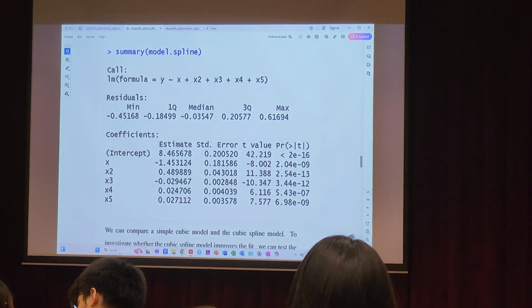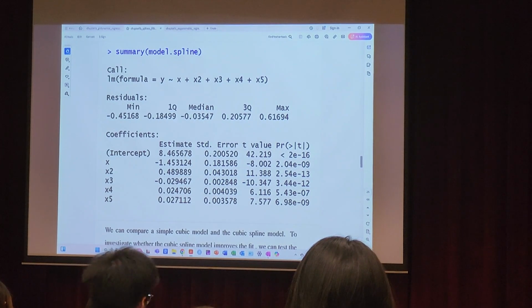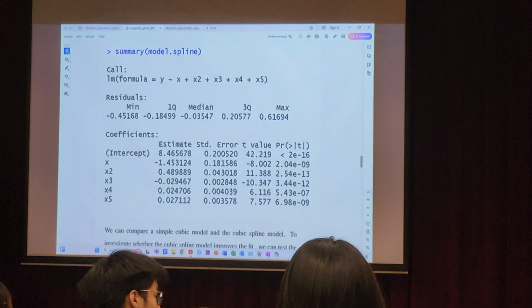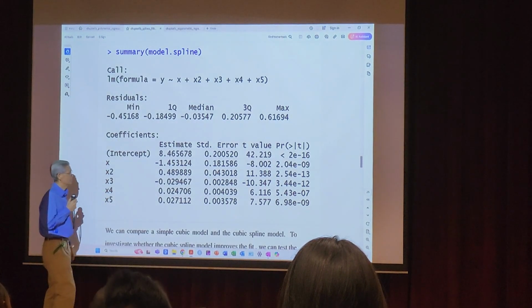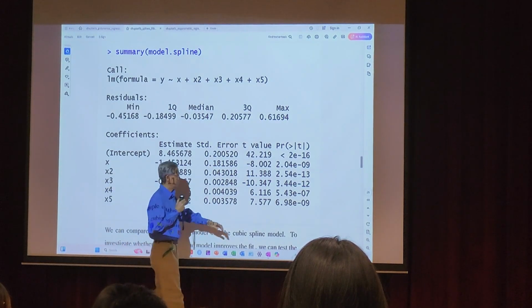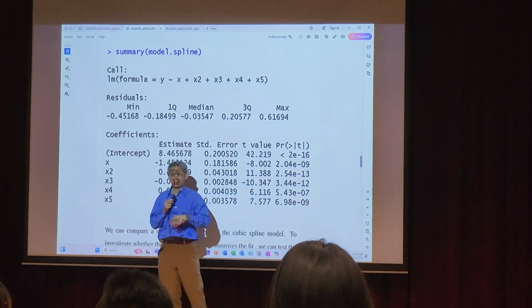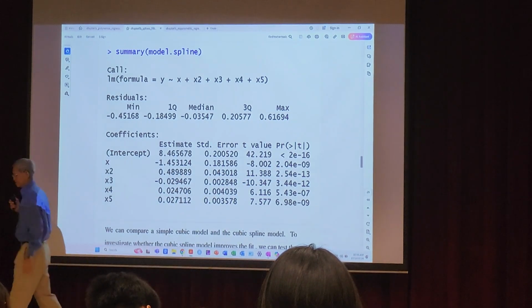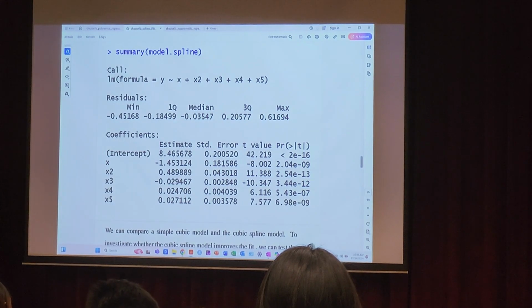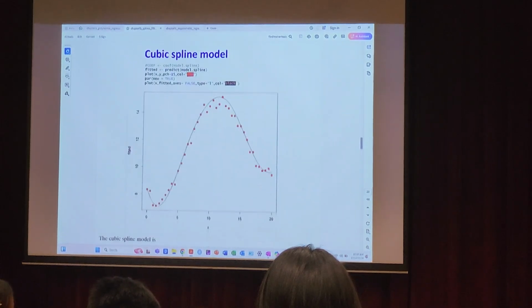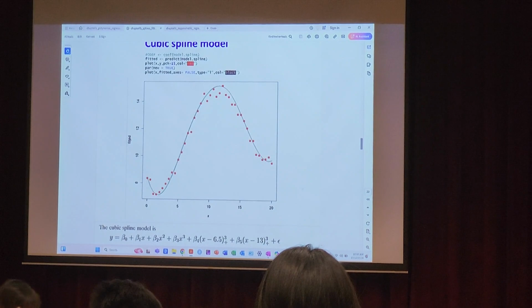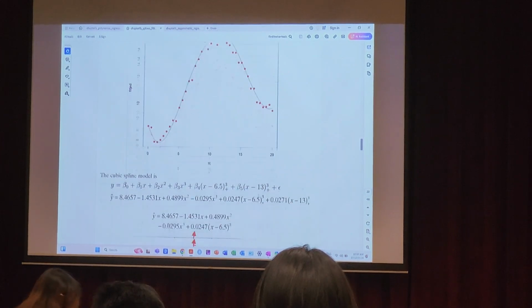So we can do a model summary. Take a look: X, X2, X3, X4, X5 are all highly significant. Looks like we have found a significant model. Overall is significant, and every term is significant. Looks good. That's why we have such a good fit. So it's not surprising.